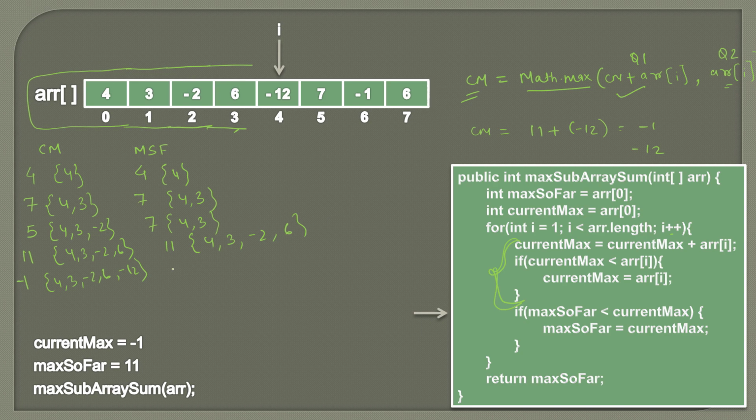So here we simply write 11, 4, 3, minus 2 and 6. Moving ahead, minus 12 has been included in the current subarray. I will now point to index 5.